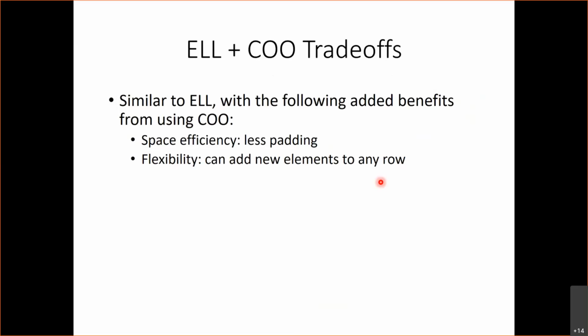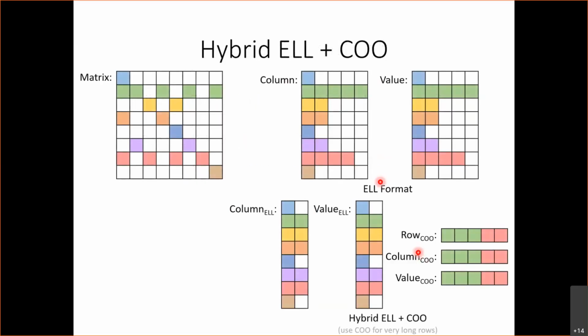Actually, Professor, wouldn't it lead you to doing something very similar to ELL plus COO? You would have another matrix... Or not really. So with ELL plus COO, we're going to have one thread that goes through the elements in the ELL part, and then we're going to have different threads process each of the elements of the COO part. Whereas if I take this row and break it in two, I would just have two threads.